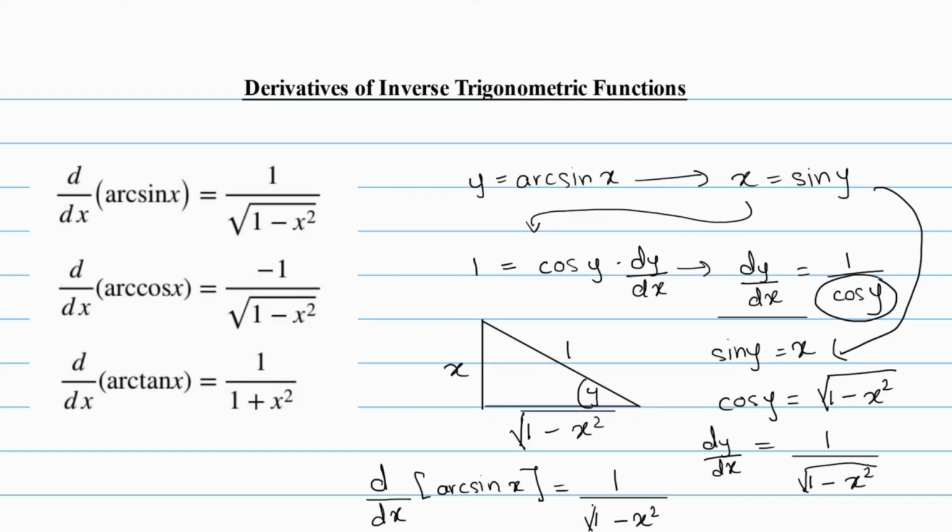Therefore, the derivative of arcsin x is 1 over the square root of 1 minus x squared. As you can see, this is exactly what we have got over here.